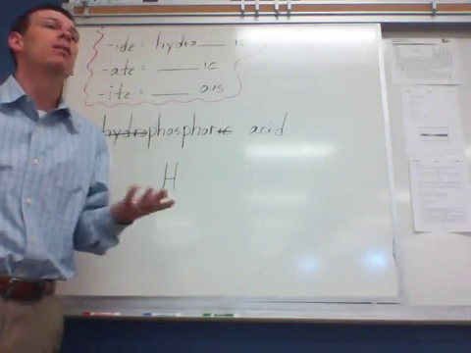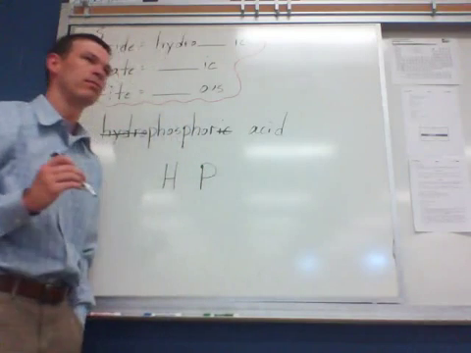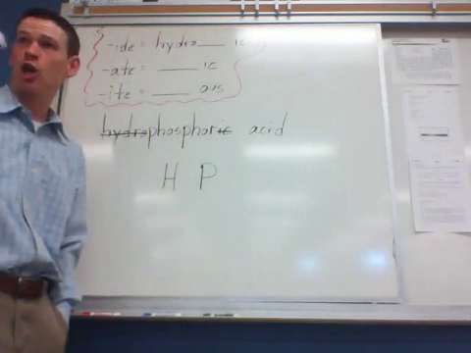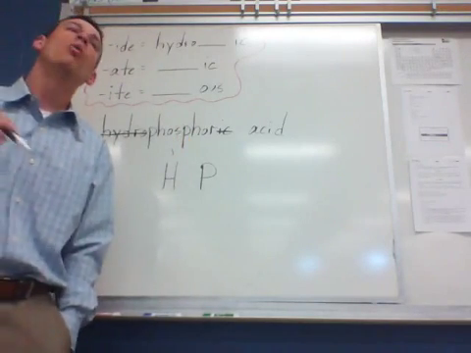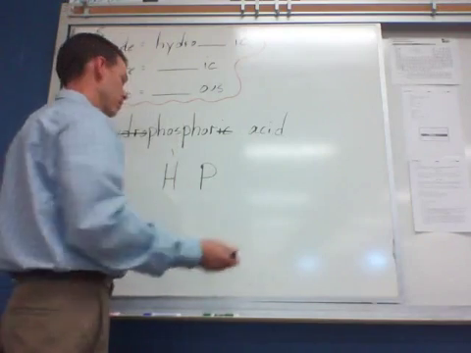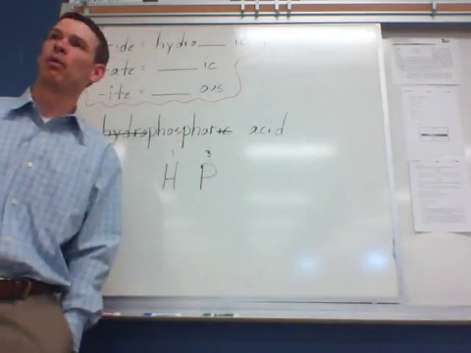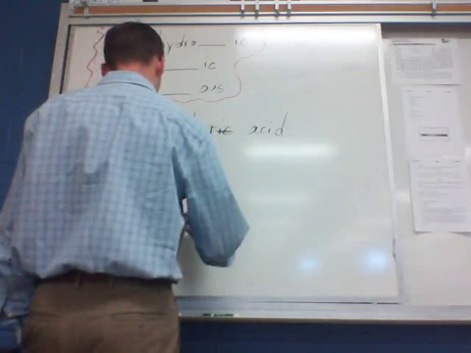So phosphide is phosphorus. Check the charges. Hydrogen's always 1, so we don't care so much about him. What is phosphorus's charge? It's a 3. Crisscross the numbers, and you'll get the final formula.